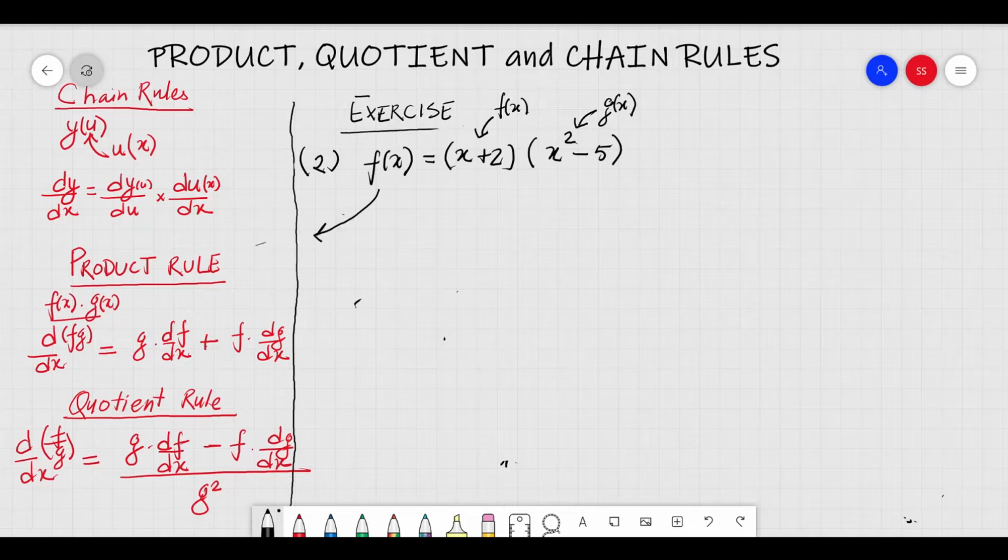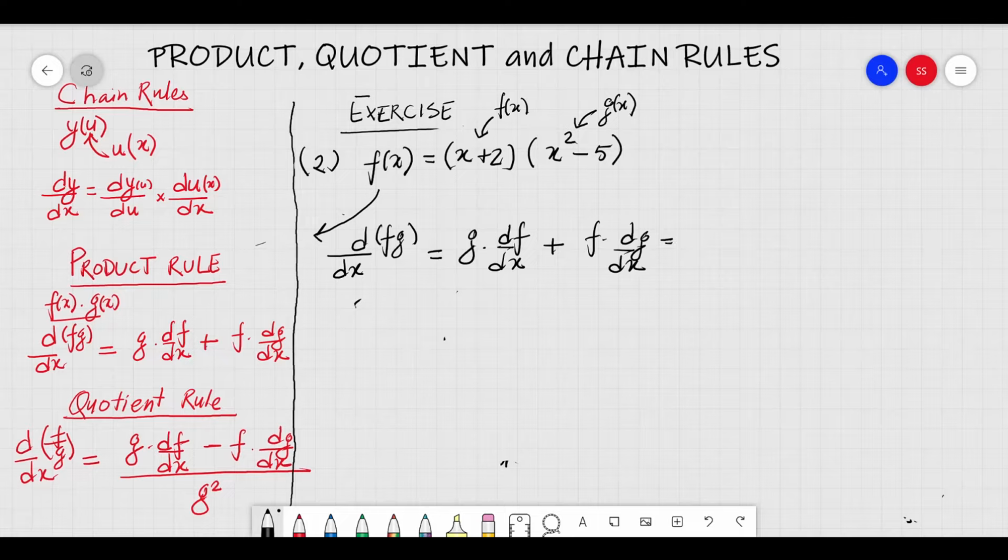So what the product rule says is, if we have to take the derivative of f times g with respect to the same variable x, then it would be g times df with respect to x plus f times dg with respect to x.